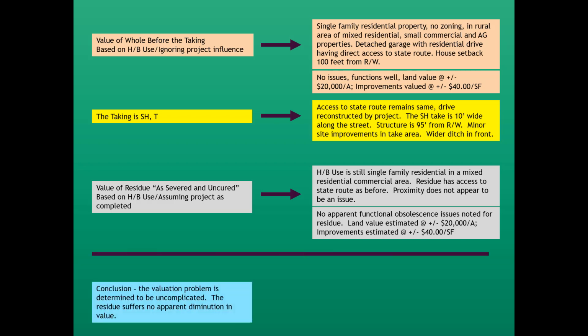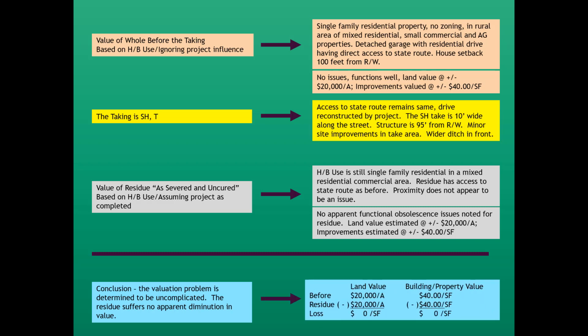So in conclusion, the valuation problem is determined to be uncomplicated. The residue suffers no apparent diminution in value. And again, that can really be measured. Land value before was $20,000 an acre. The residue was $20,000 an acre. So there's no loss. There is no diminution in value.